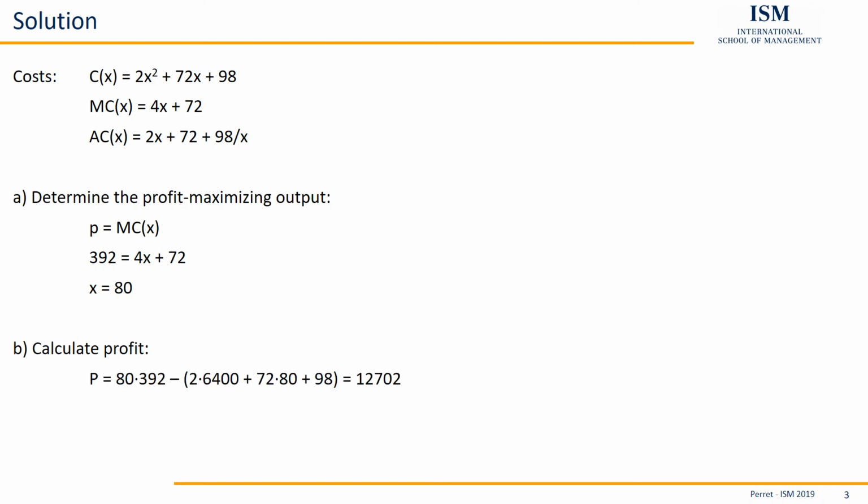So here we have 80 times 392, then minus 2 times 80 squared, that's 6,400, plus 72 times 80, plus 98, giving us a total profit of 12,702. That's already part B.